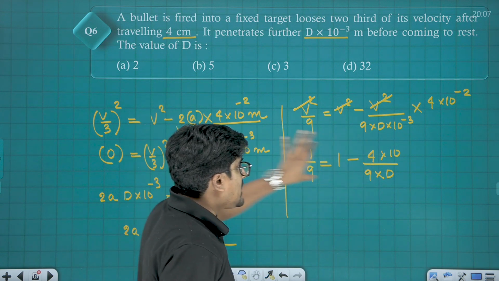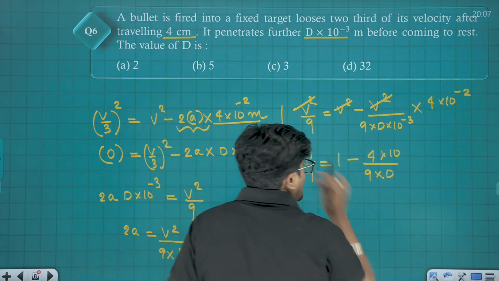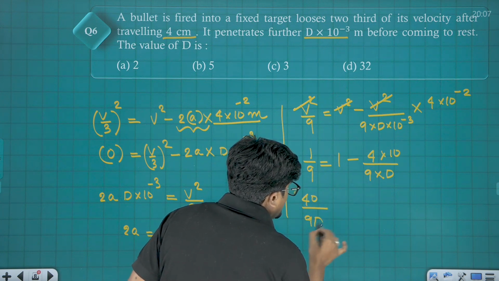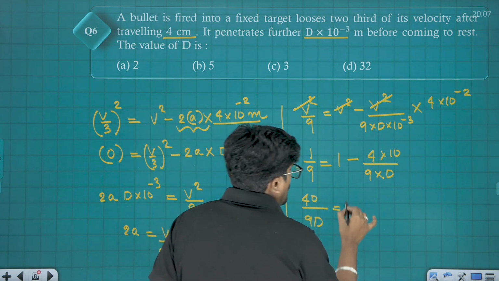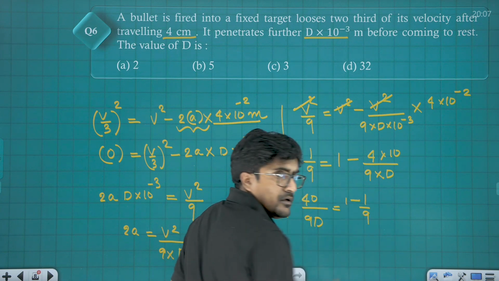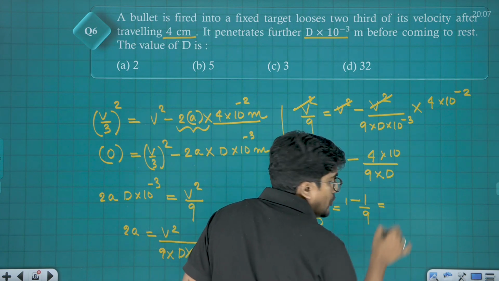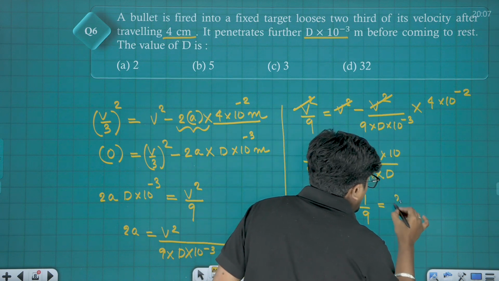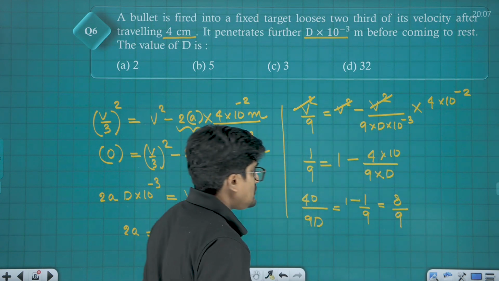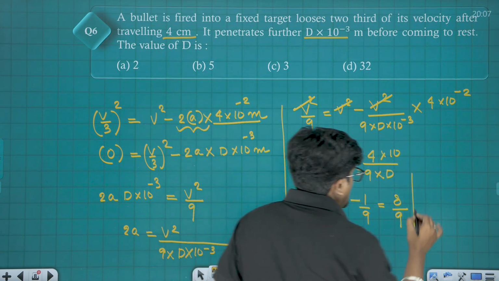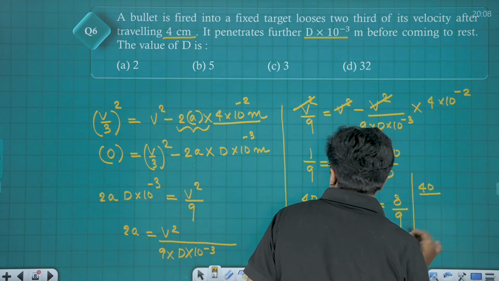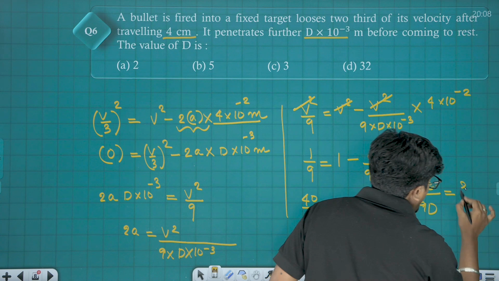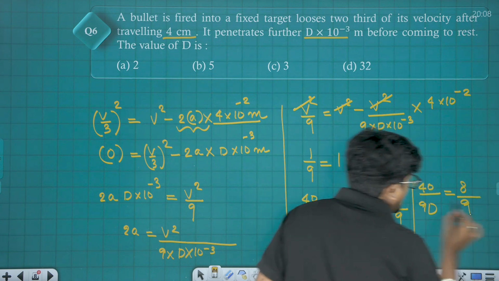Alright. Now let me rearrange this. Once this comes to the left, this is 40 upon 9 times D, that is equal to 1 minus 1 upon 9. This is going to be what? 1 minus 1 upon 9 is 8 by 9. So now I can say 40 divided by 9 times capital D is equal to 8 upon 9.